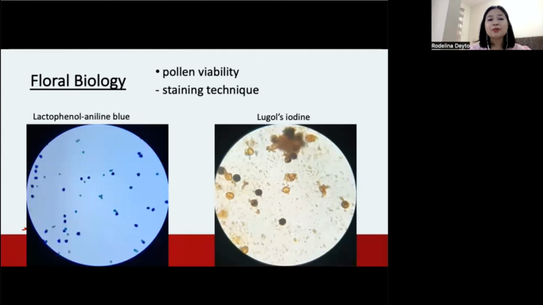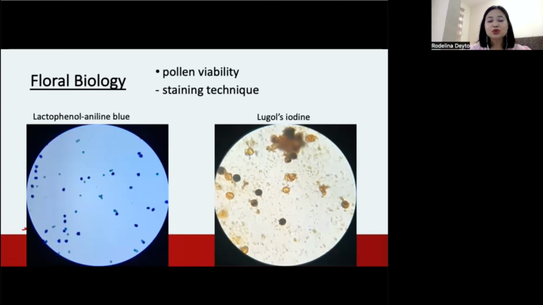Viable pollen is pollen that is competent to deliver the male gametes to the embryo sac. On the left figure, I used lactophenol aniline blue. On the figure on the right, I used Lugol's iodine for pollen viability. Darkly stained pollen was identified as viable pollen and lightly stained grains were non-viable.